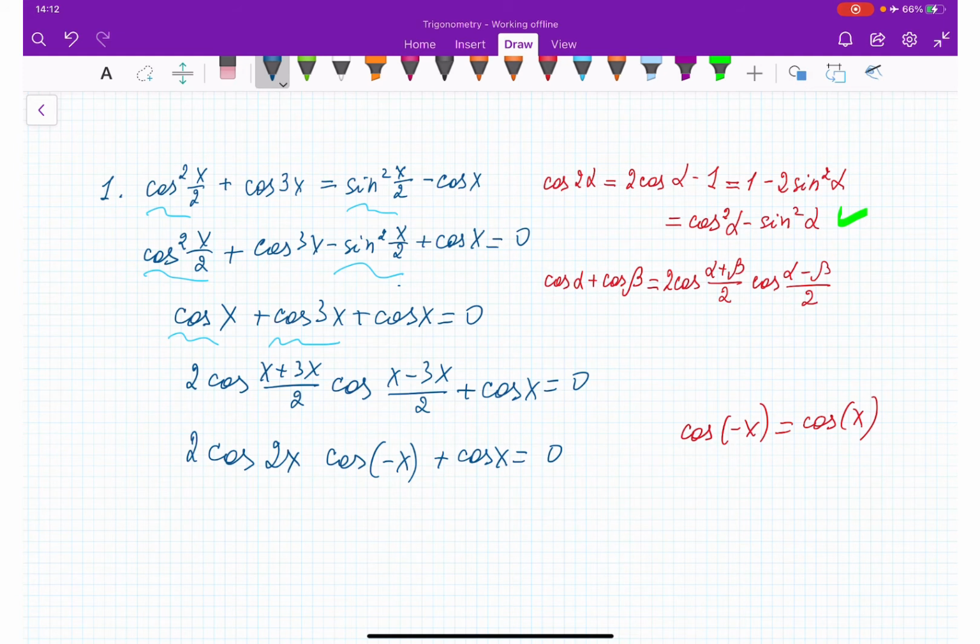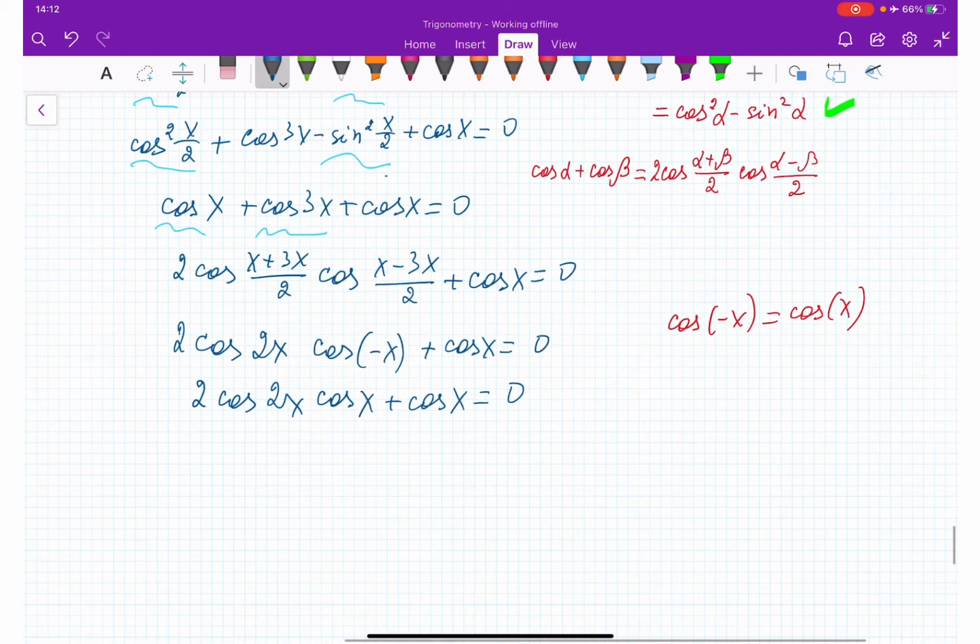Therefore, we are going to get 2 cosine 2x cosine x plus cosine x equals 0.